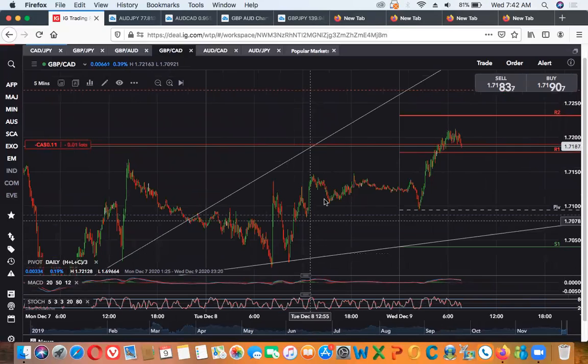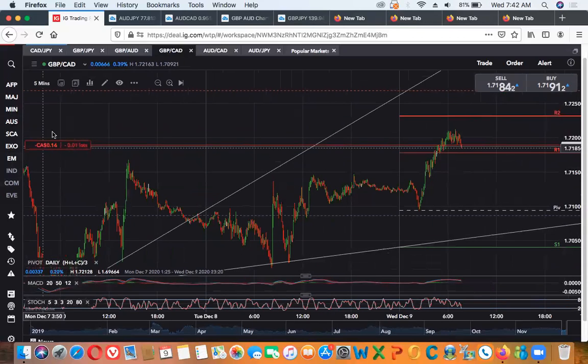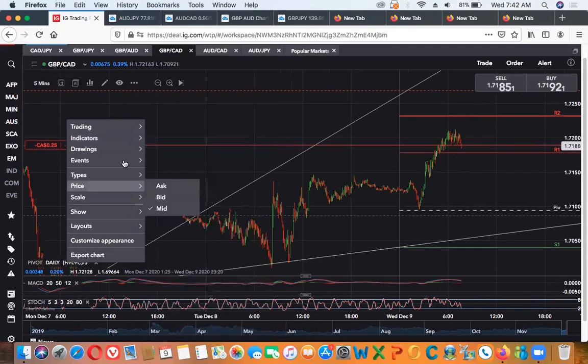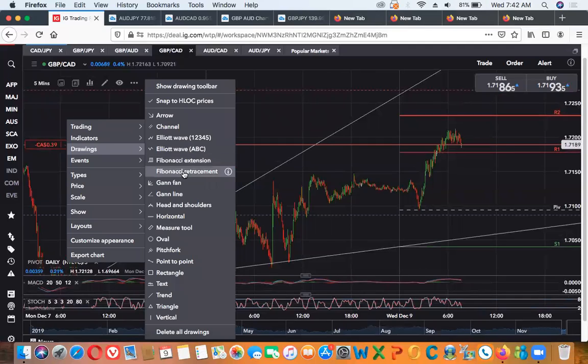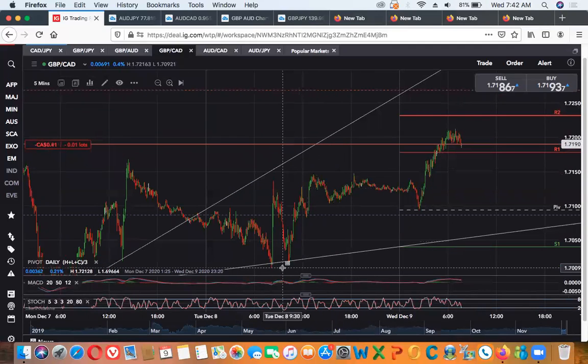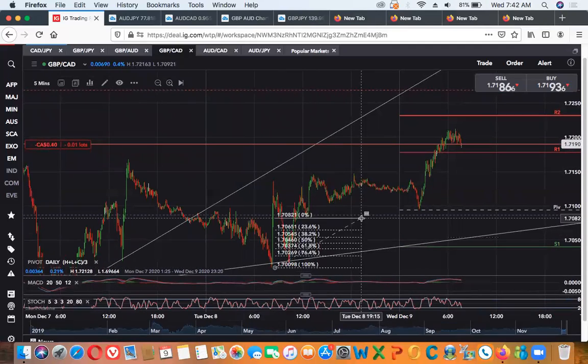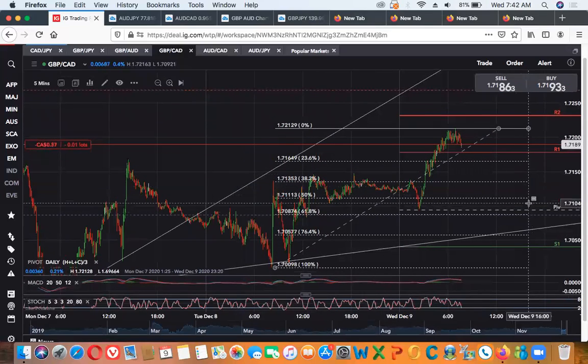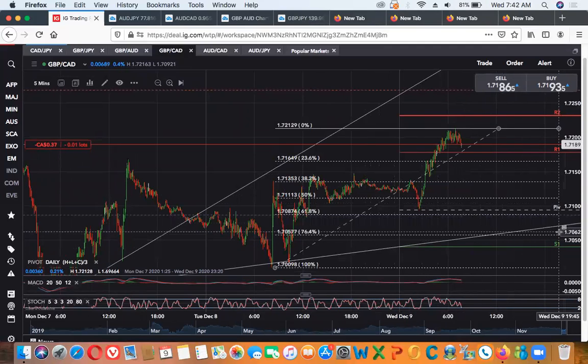The other thing that we can do is throw the Fib on this. Let's go to the Fibonacci. The trend started about here. Work this way.